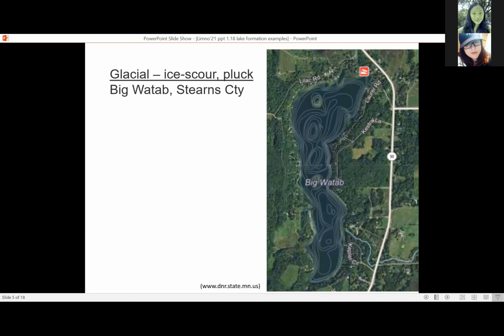And it is said that the reason it was so deep is because of plucking. The evidence for that in particular is that, well, okay, it's really deep, and you want to have an explanation for why it's that deep.